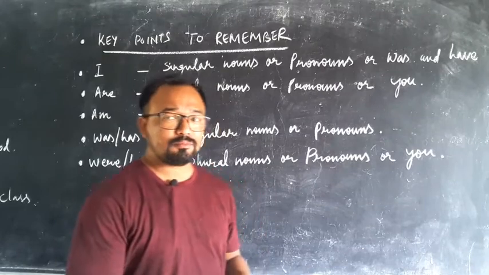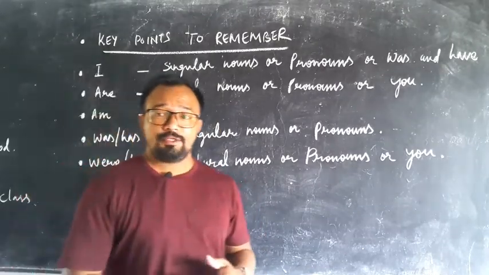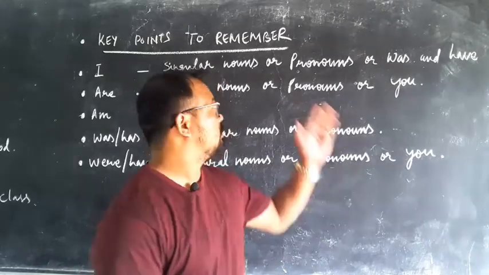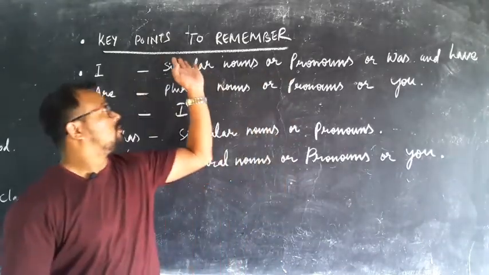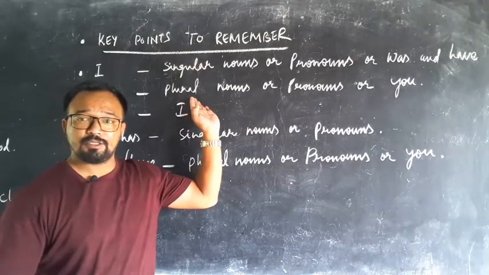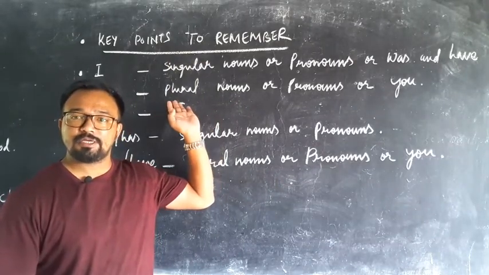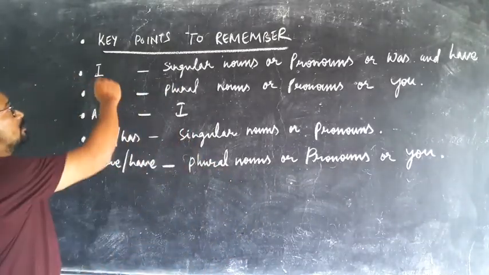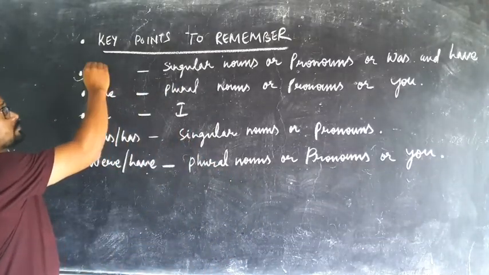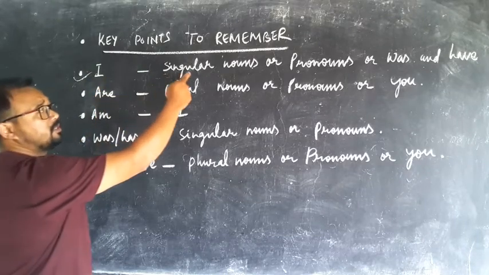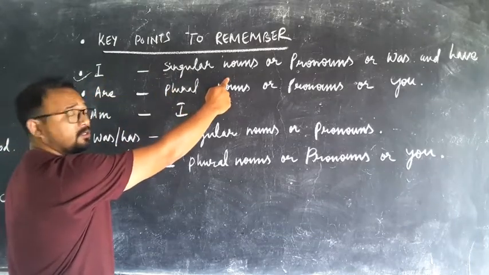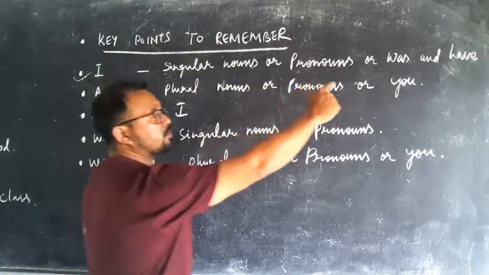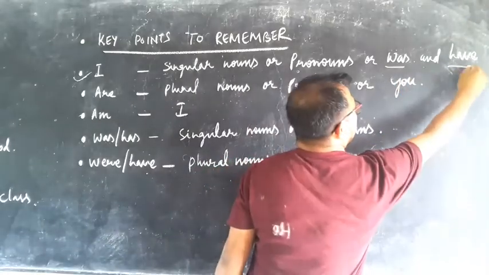So now to write a better sentence, okay, you need to remember some points. These are the key points to remember to write a correct sentence with subject and verb agreement. So first point that you remember, the word I can be used with singular nouns or pronouns, or you can even use it with the words was and have.